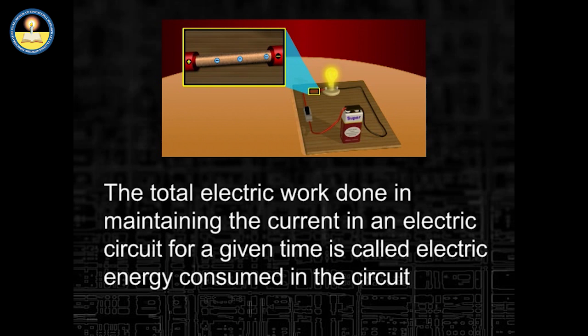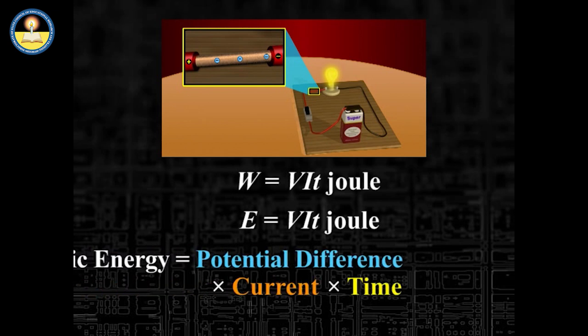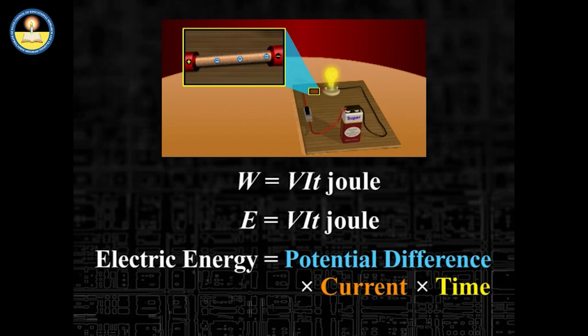To accomplish electric work, energy is supplied from a cell or a battery. Since electric work done is VIt joules, electric energy consumed in a circuit is also equal to VIt joules, that is, the product of potential difference, current and the time.